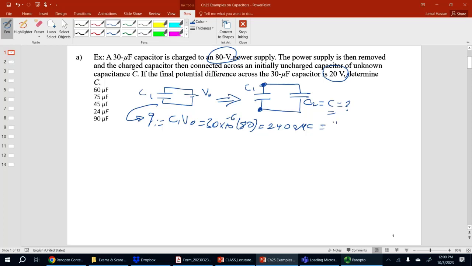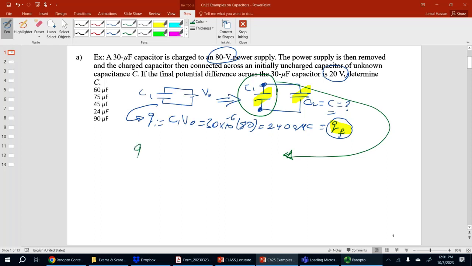And this is equal to Q final. Q final means this is the Q that will be on this capacitor and on this capacitor, both of them. Okay, so there is another piece of info. The question tells us that for this capacitor, we know the voltage across it and we know its capacitance. So from this we can find the charge on C1.